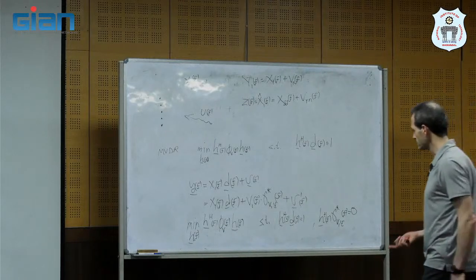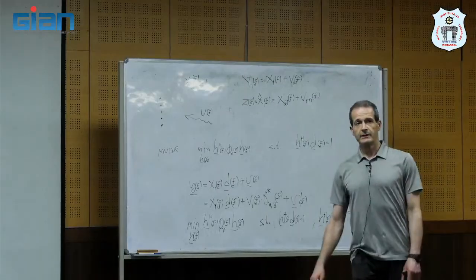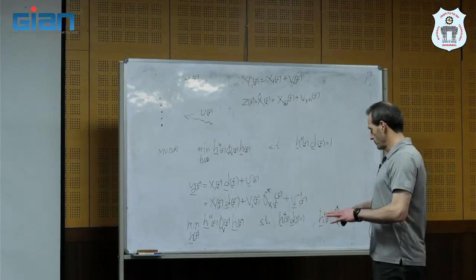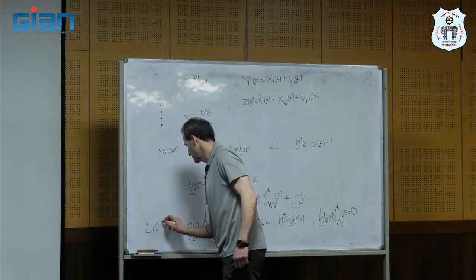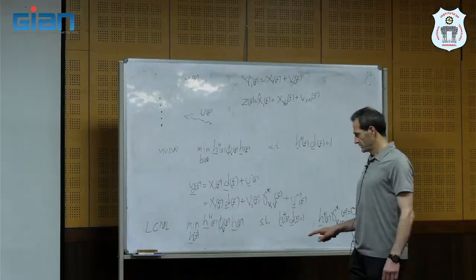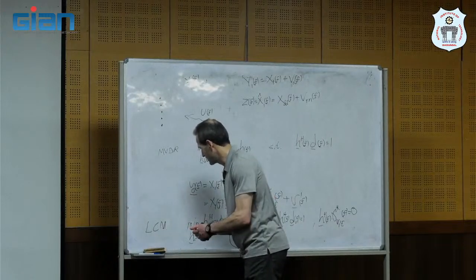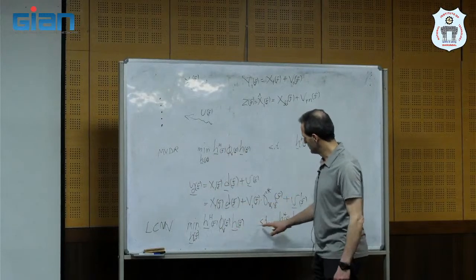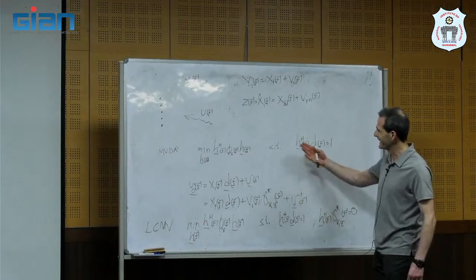Actually, when I have 2 constraints, I have 2 Lagrange multipliers for the 2, and I can solve this problem. So I can find a solution. The solution to this problem is called LCMV, linearly constrained minimum variance. Because it is linearly constrained, it is minimum variance, like the MVDR. But we have 2 linear constraints, so we have more than one. So it's kind of an extension of the MVDR.